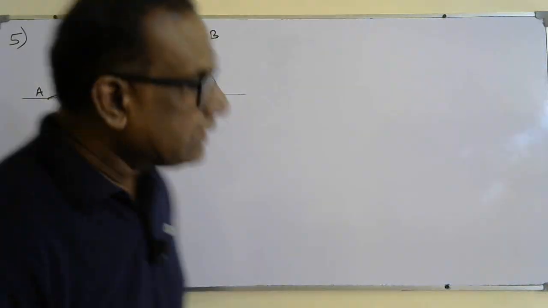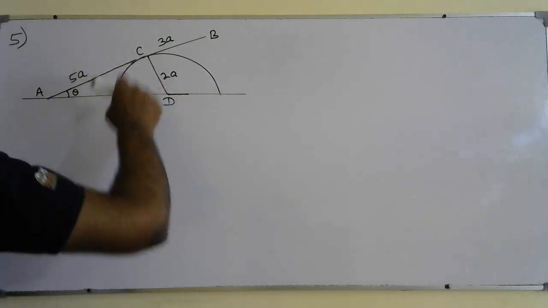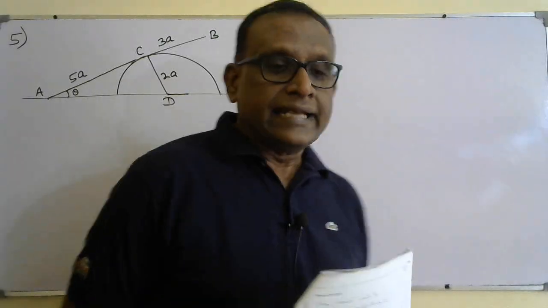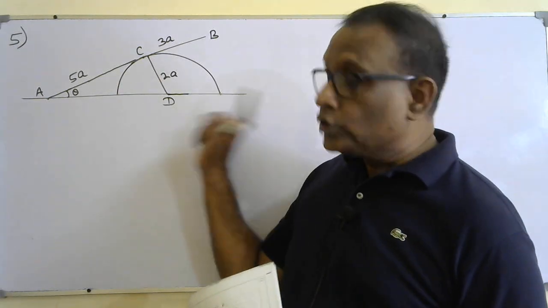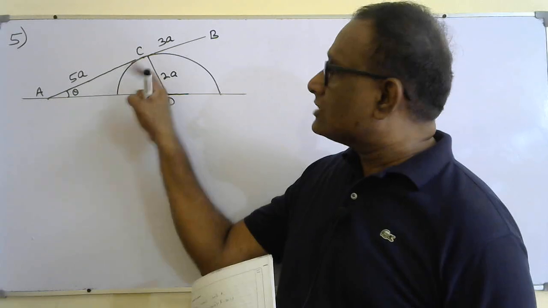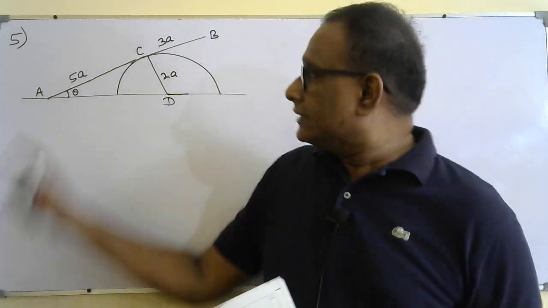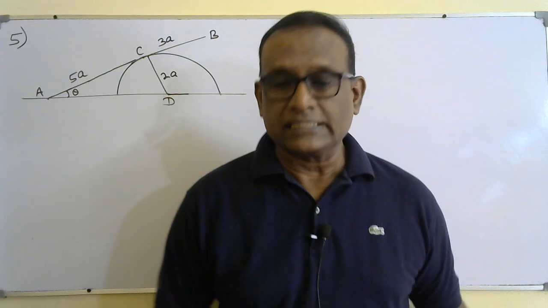Okay, so they said the uniform rod AB is touching a hemisphere at point C, and D is the center of the hemisphere. So if you draw it in two dimensions, it's going to be a half circle and C is on the circumference. This line AB is a tangent to the circle.